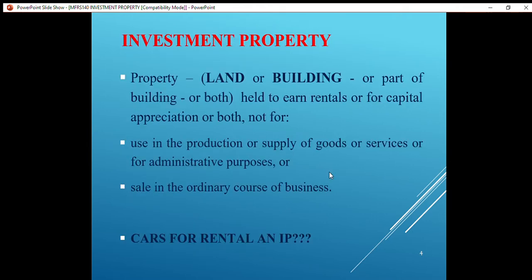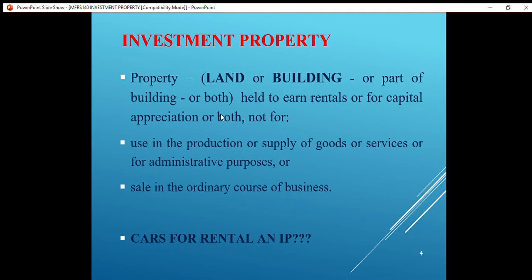Next, let's have a look at the definition of investment property. Investment property refers to property which is land or building or part of a building or both, held to earn rentals or for capital appreciation or both.